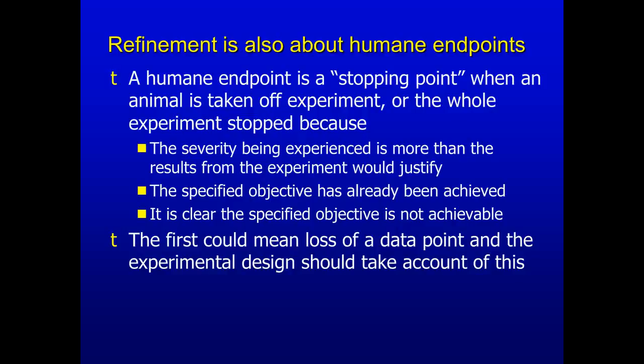Sometimes you will stop the experiment or take the animal off experiment because the severity is more than you can justify from the results you're getting out, or because you have reached your specified objective and any further disturbance of the animal is not really justifiable, or it's become clear you will not get to that objective and you have to accept that any further suffering is not going to give you reliable data. And of course, taking animals off experiment may mean you've lost a data point, and you will need to take account of that in the experimental design.